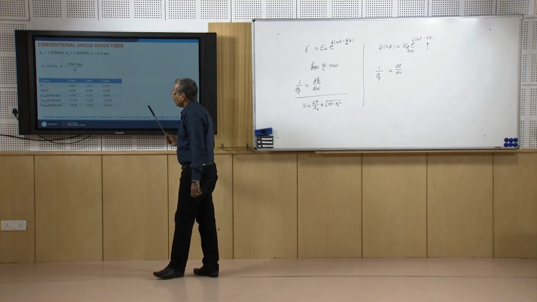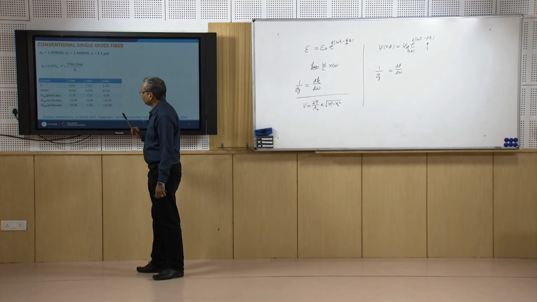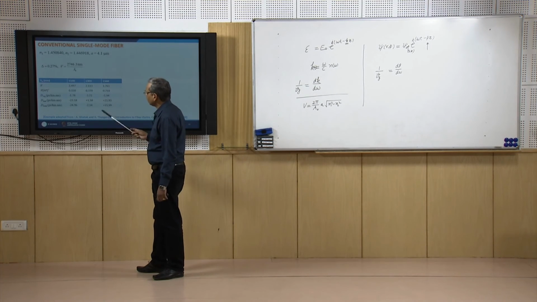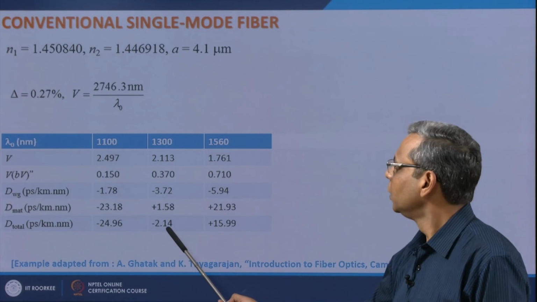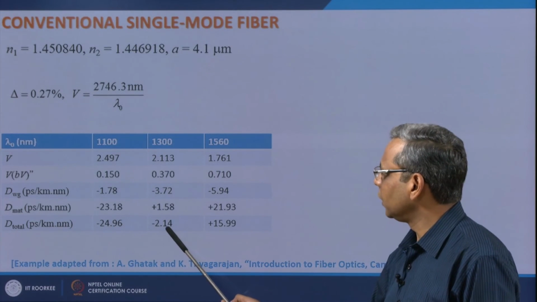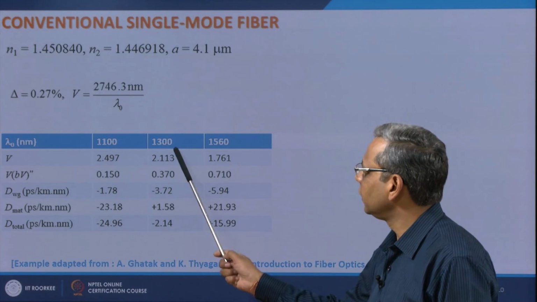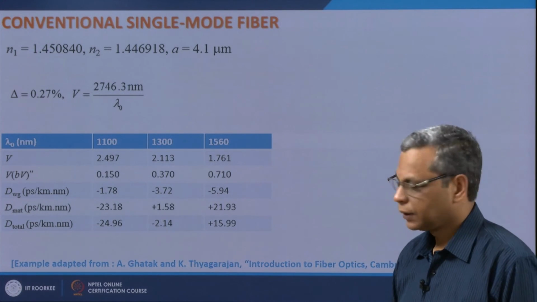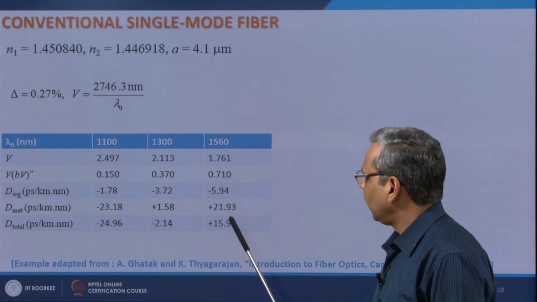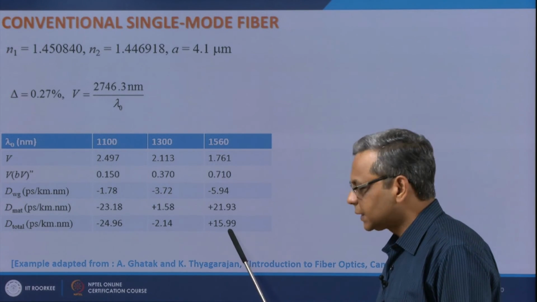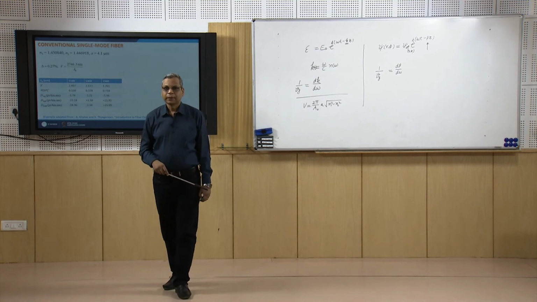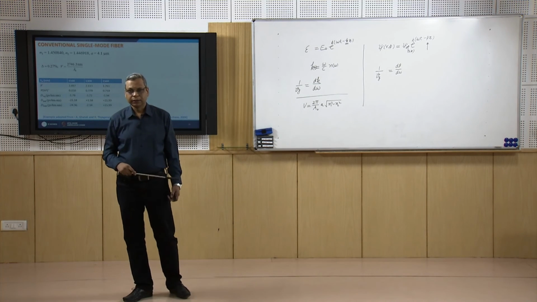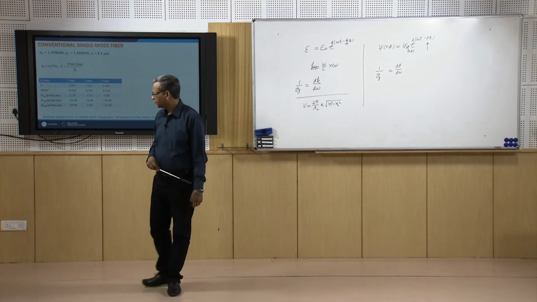So, what I see in this fiber is that it has very low dispersion of about minus 2 picoseconds per kilometer nanometers at 1300 nanometer wavelength, while it has plus 16 picoseconds per kilometer nanometer dispersion near the lowest loss wavelength.